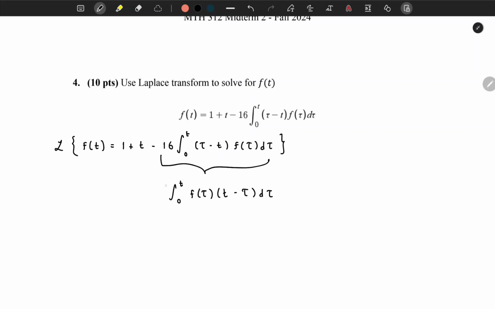If you want to take the Laplace of a convolution, it is very simple. The Laplace of the convolution of two functions, let's say f and g, is just the Laplace of f multiplied by the Laplace of g.